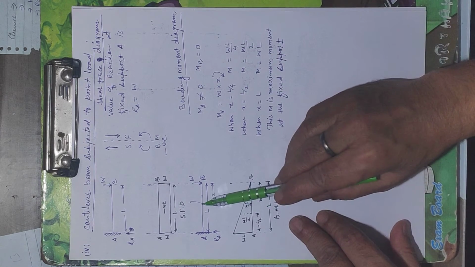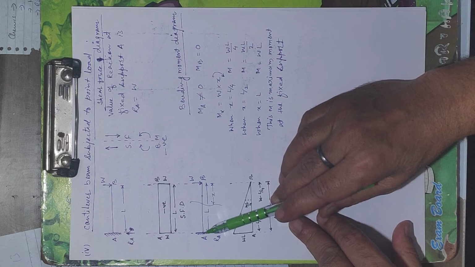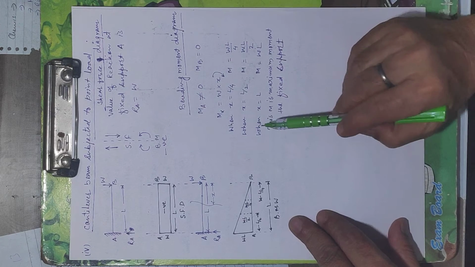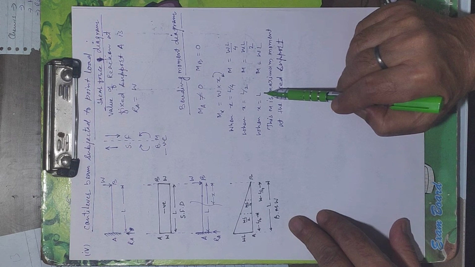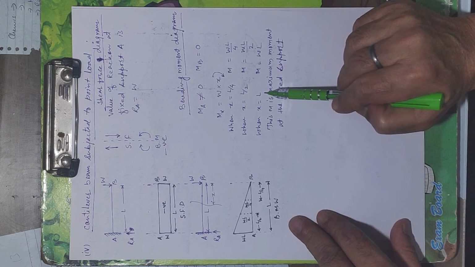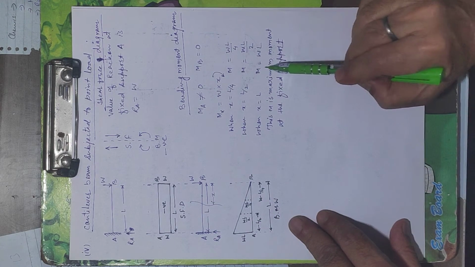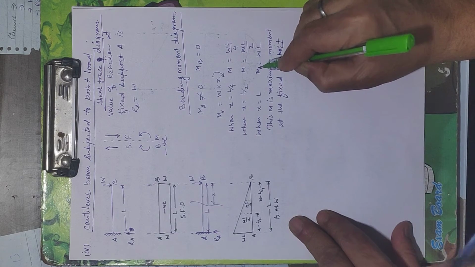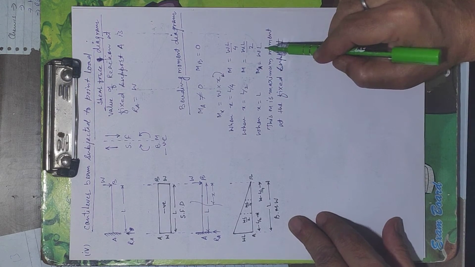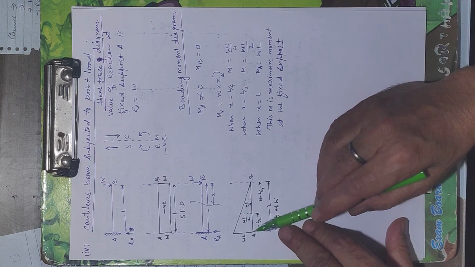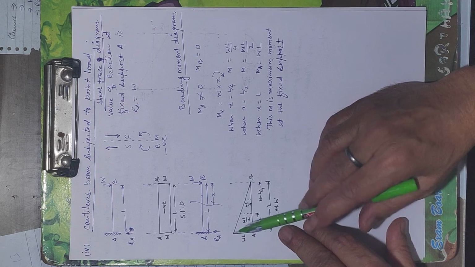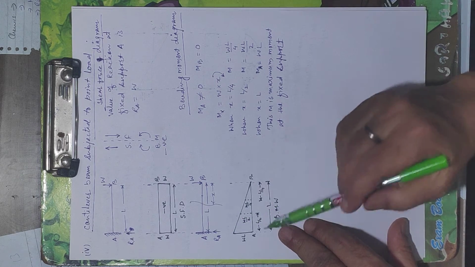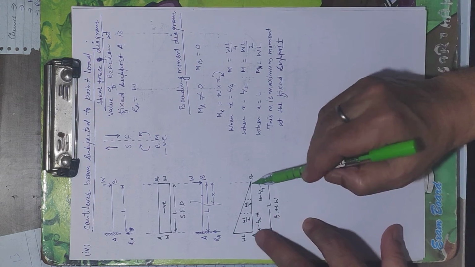When we want to calculate the moment at A, the fixed support, when x is equal to L, that will give us the moment at A, MA, equal to W into L. This is the maximum value of bending moment, and it is at the fixed support at A, WL.